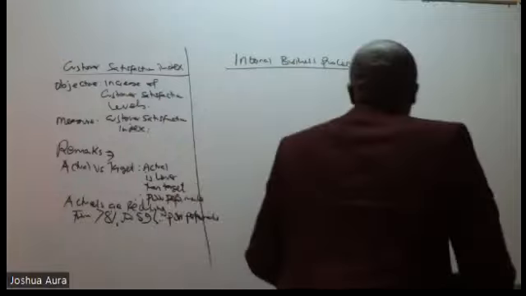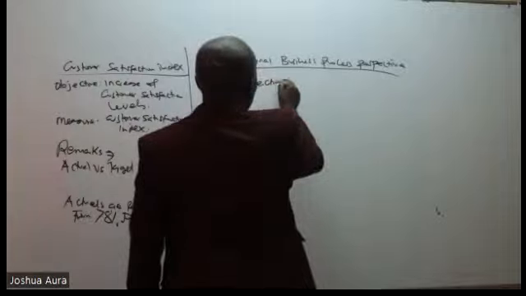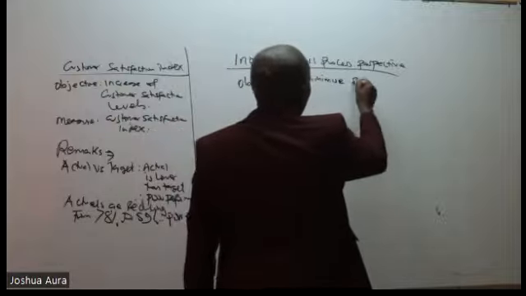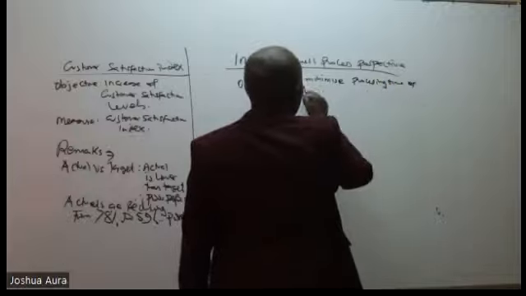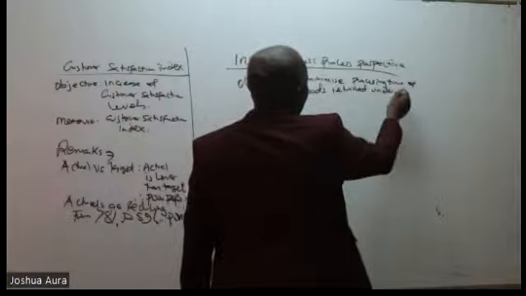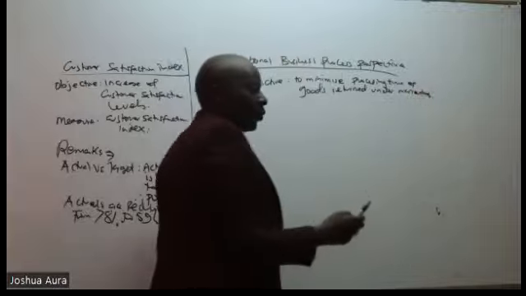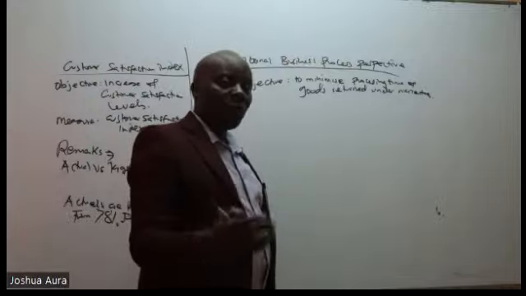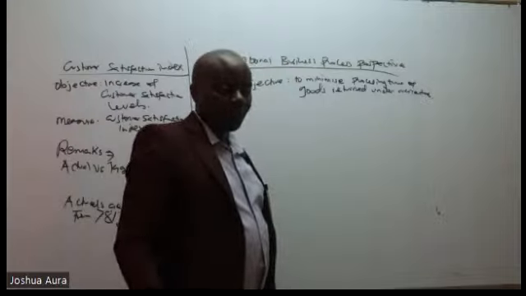So in this case here, the objective is to minimize processing time of goods returned under warranty. When somebody brings back their refrigerator, we would want our processes to be very fast and return this to the owners, right?